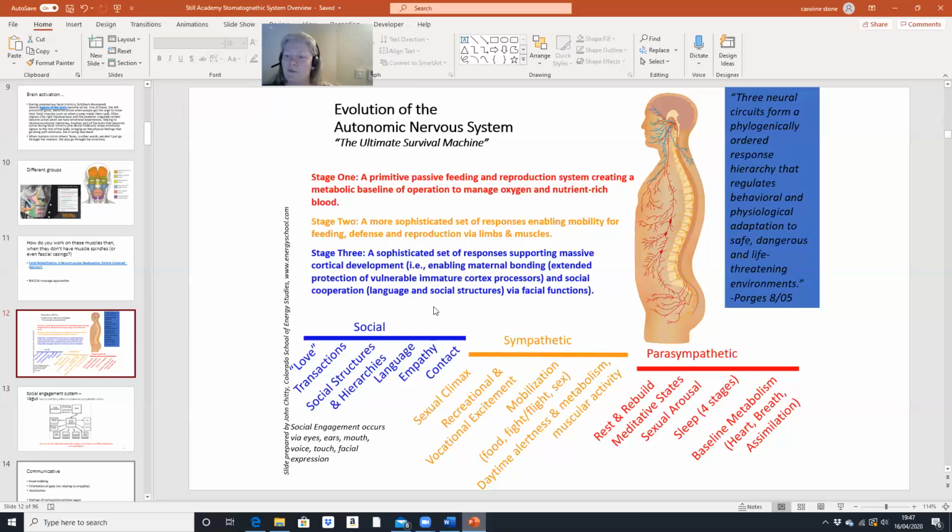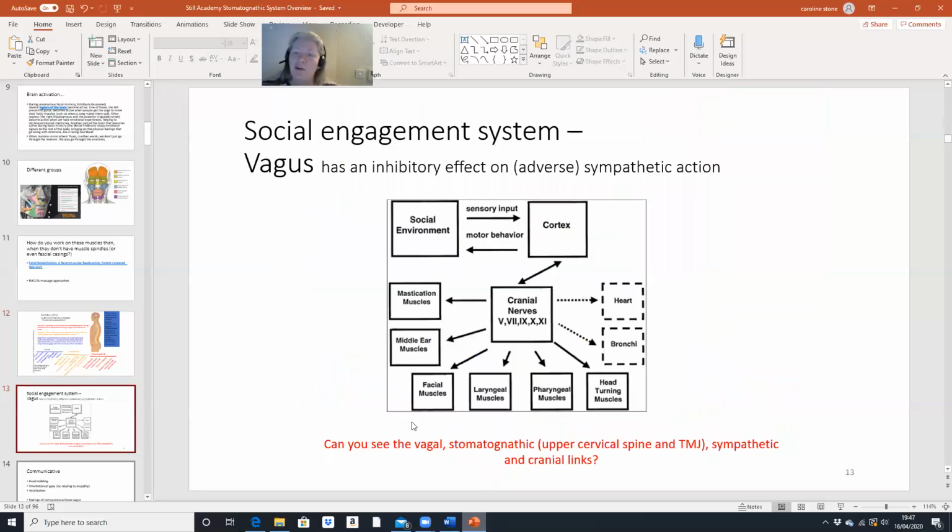So there's all sorts of interesting things that we need to build in with respect to the social engagement system, which actually uses all sorts of cranial nerves, and you could almost argue that you grew your cranial nerves in order to communicate. It uses that many of them, and your vagus nerve is an orchestrator and a narrator between all of these different stories that all these cranial nerves are trying to play.